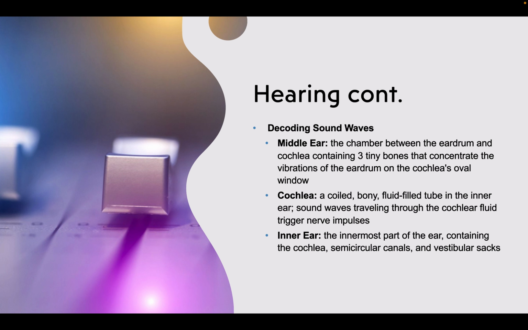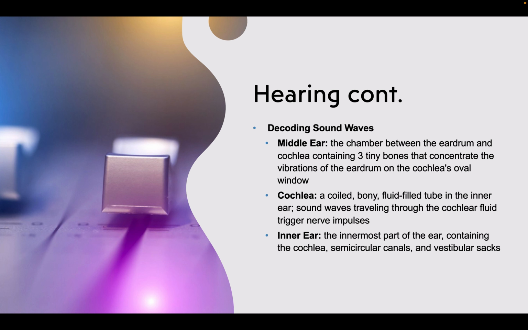So, sound waves enter the middle ear. The middle ear concentrates those sound waves onto the cochlea. The vibrations then cause the fluid in the cochlea to vibrate, which bends the hair cells, which then trigger the nerve impulse.